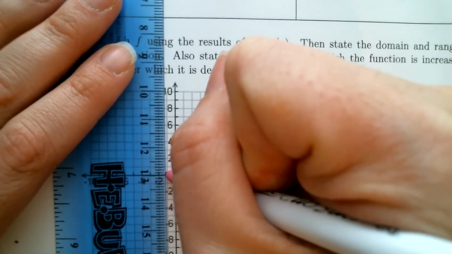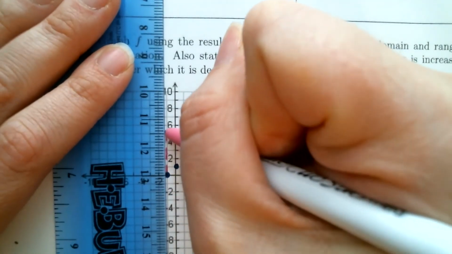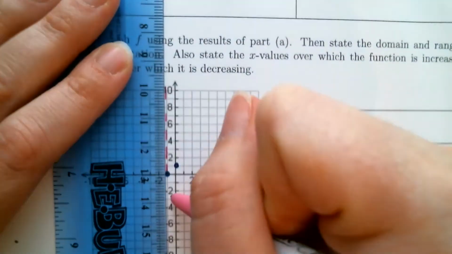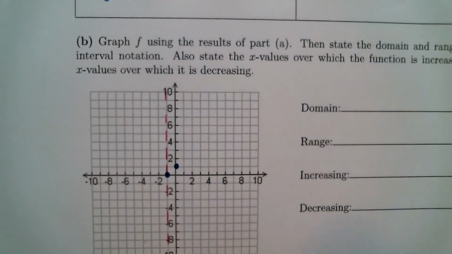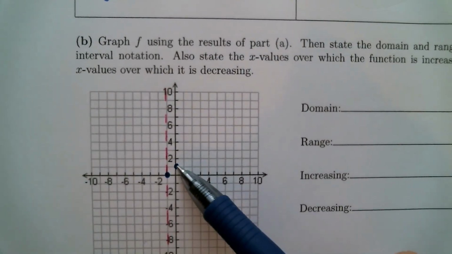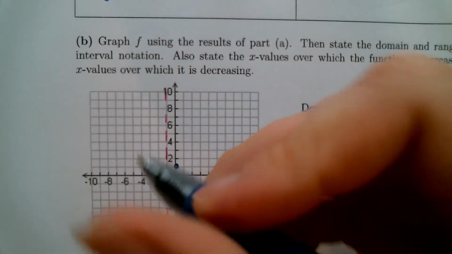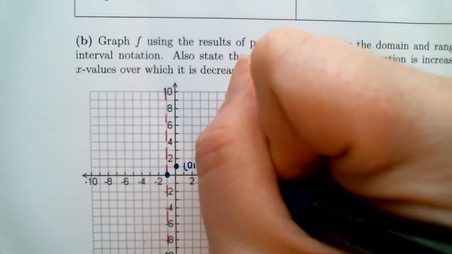I'm going to draw it in, even though I haven't completed the parabola yet. Here is my axis of symmetry, and the parabola has to be symmetric about this vertical line. That is what's going to help us get our third point. See this point? This is 0, 1.